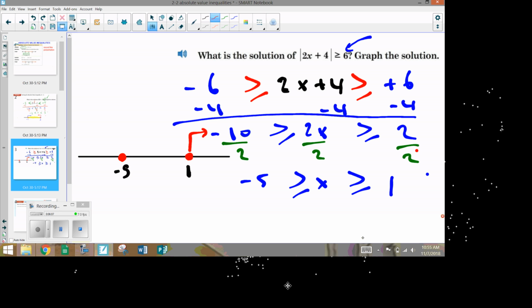X is less than or equal to negative 5. Less than or equal to negative 5. So I'm going to shade, and 1 and negative 5 will be included.